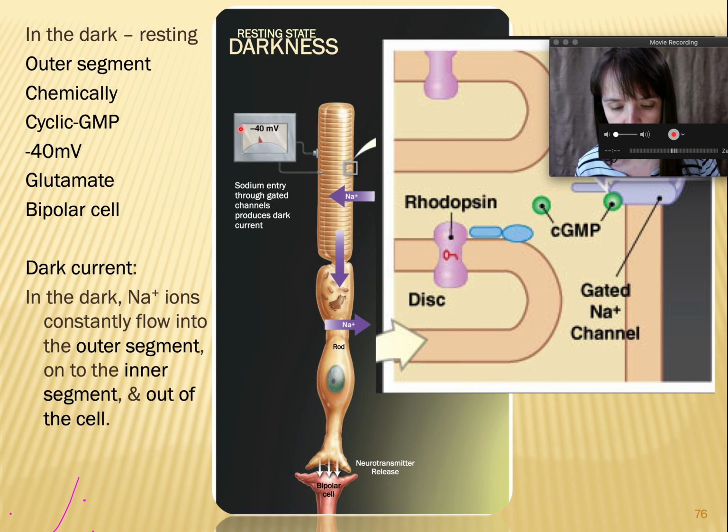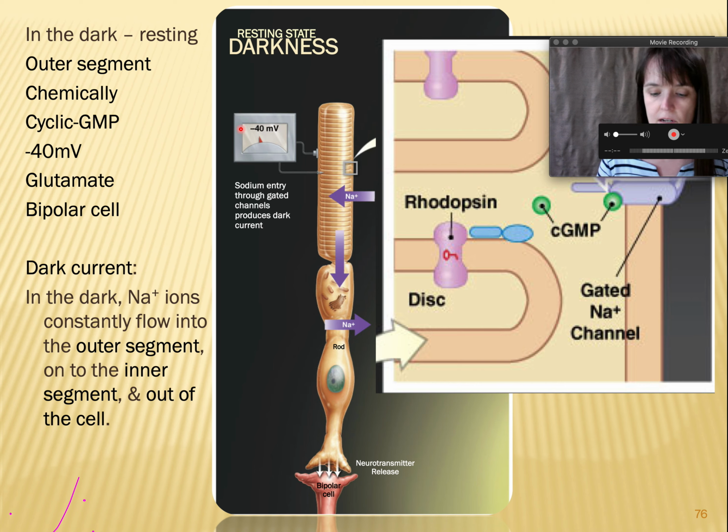So back to the note set. Sodium ions continuously flow into the outer segment of the photoreceptor through chemically gated sodium ion channels, kept open by cyclic GMP, which is just like cyclic AMP, but with a guanine instead of an adenine.